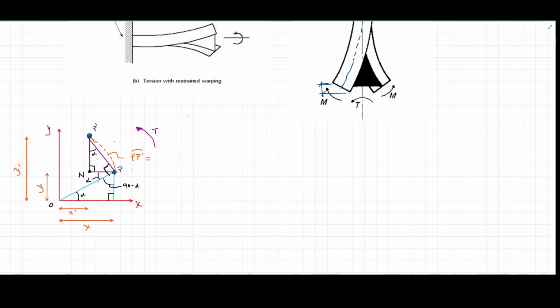It's going to be equal to this distance here, represented by R, times this twist angle. But this twist angle is represented by the multiplication of the distance z times theta, which is the twist angle per unit length. So if I wanted to write that, it's going to be R, which is the radius, times z theta. Great.